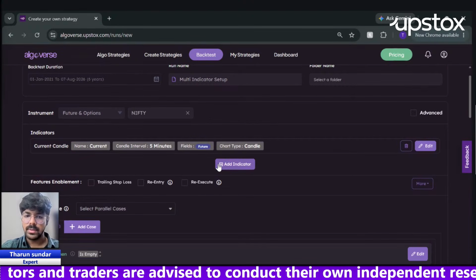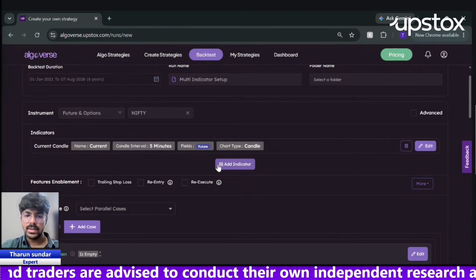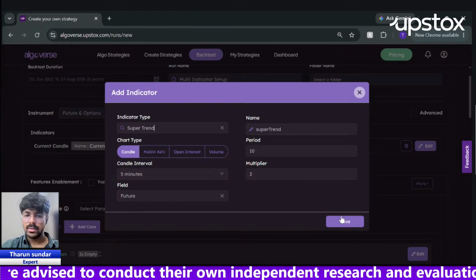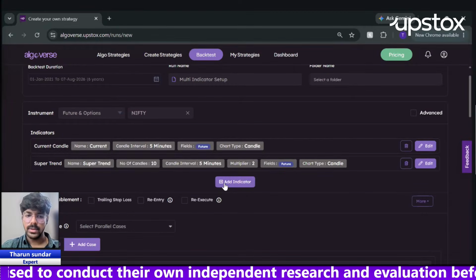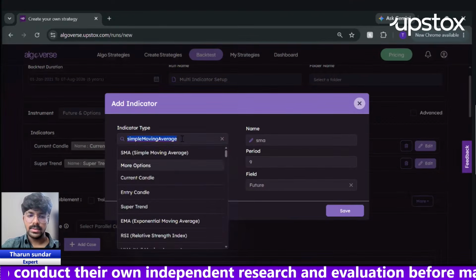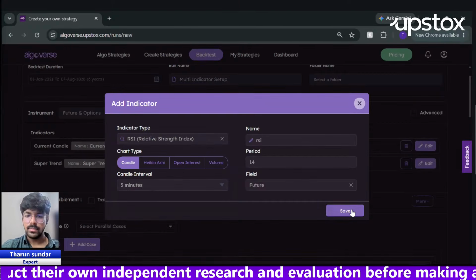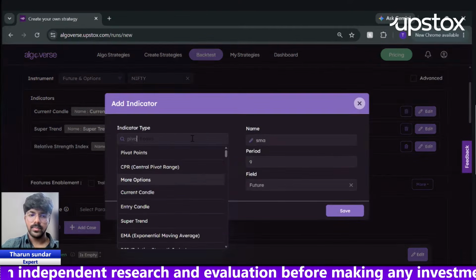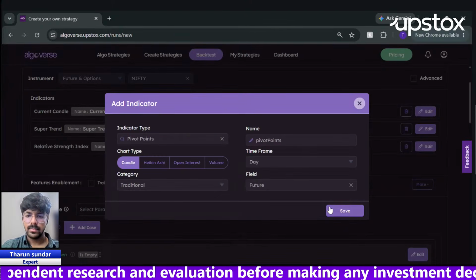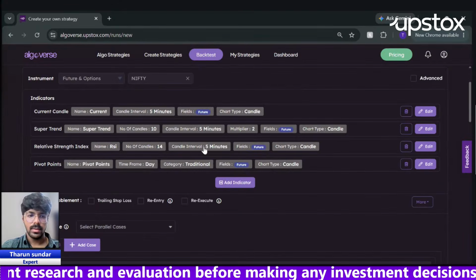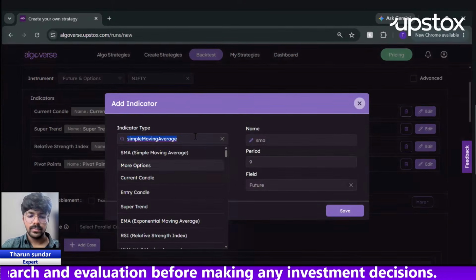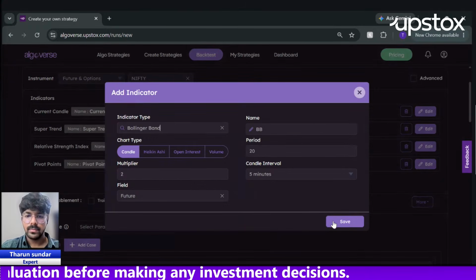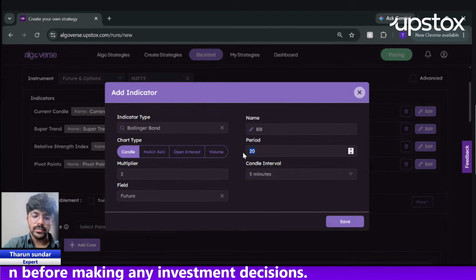So here what I'm doing is adding a number of indicators, starting with Supertrend, the standard 10, on the 5 minute. Next is RSI. Next is pivot points. Next is Bollinger Bands, and here I can change the period of the Bollinger Bands.